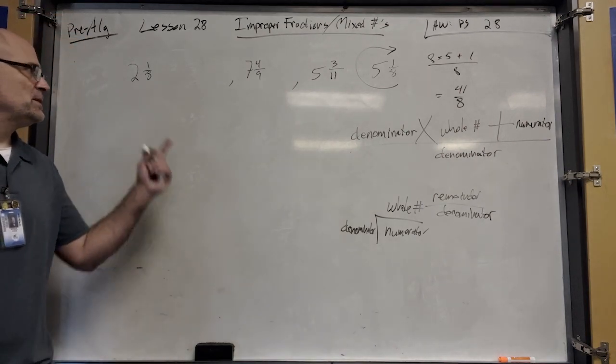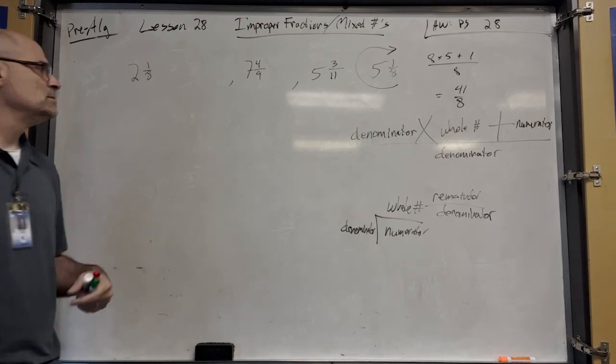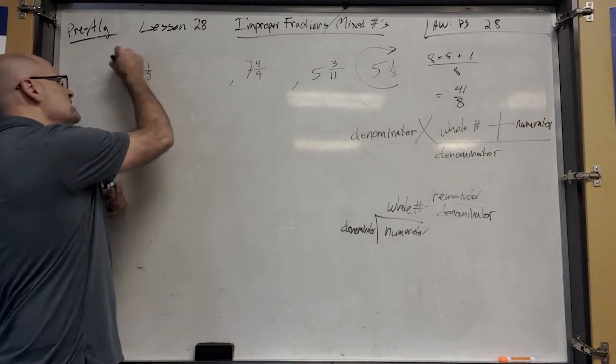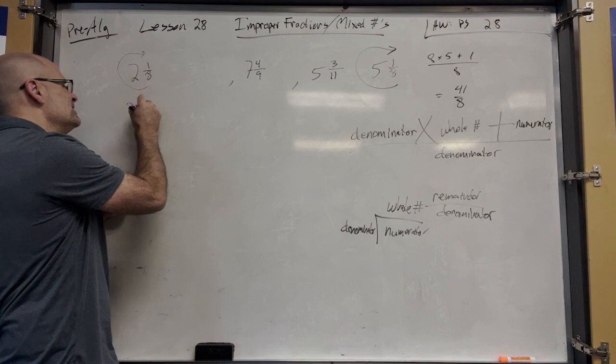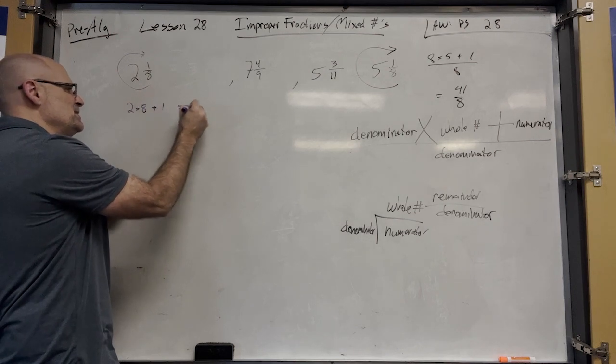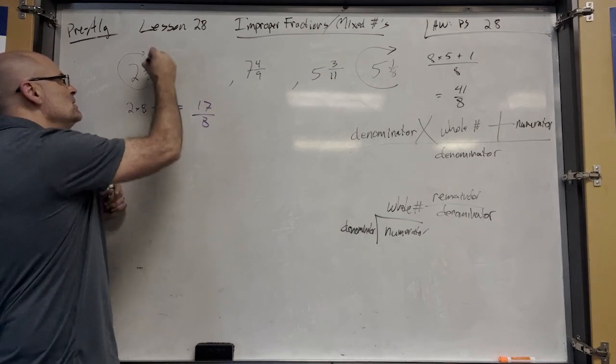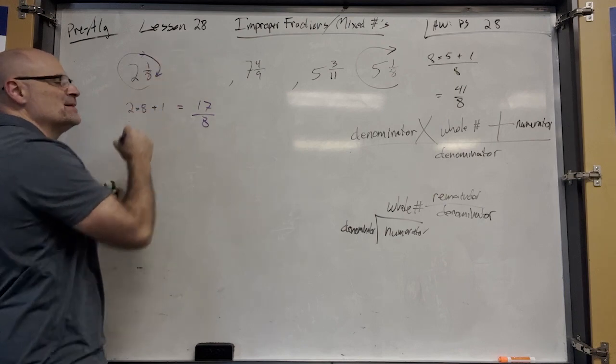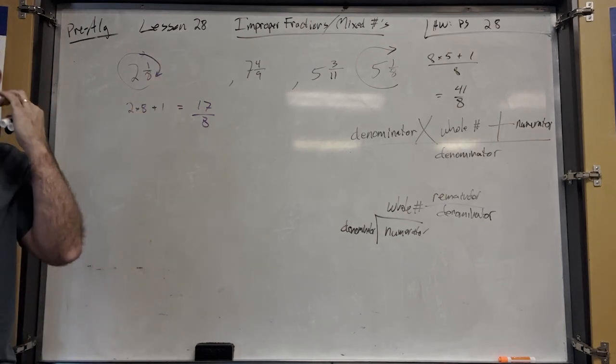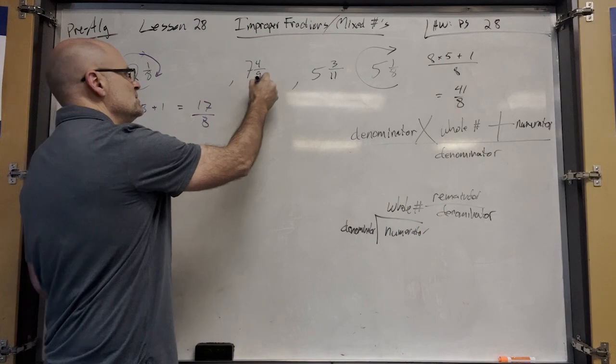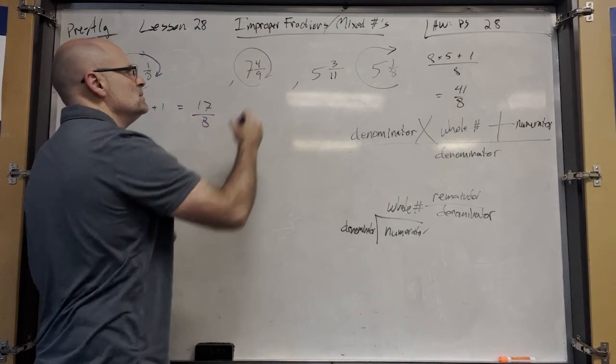Okay, who wants to give me this one? Jordan? 17/8. So we went 2 times 8 to get 16, then added 1 to get 17, all the way around back to 8. Somebody else, give me this one. 67/9.